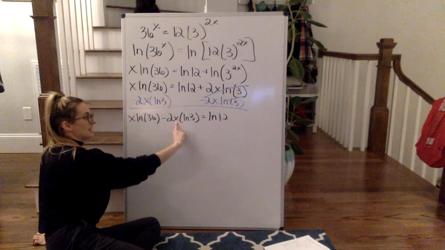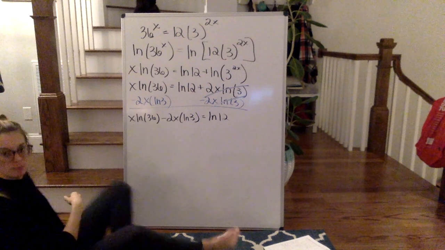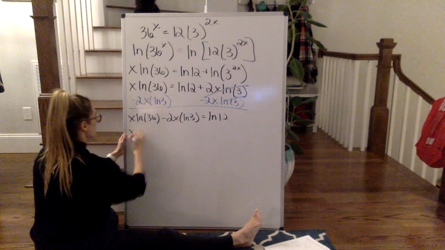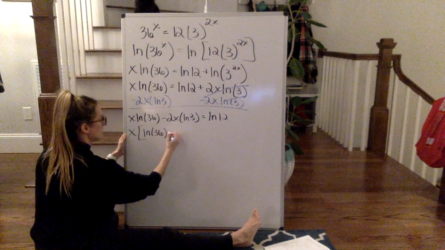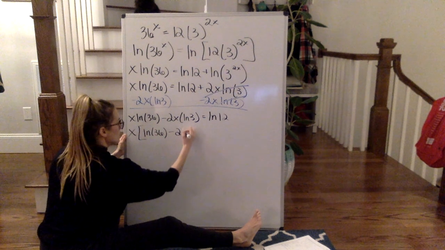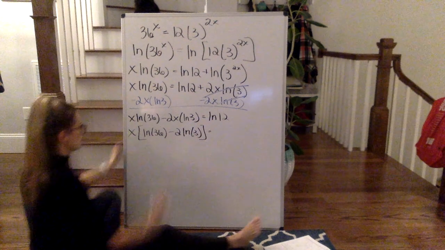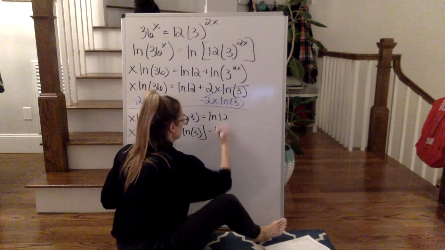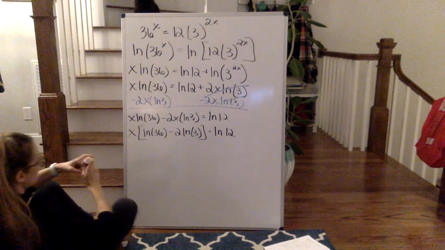Here's another term that has an x in it. I think it would be helpful if we pulled the x out of both terms. So if I take out that x, I'm left with the ln of 36 minus 2 times the ln of 3 equals the ln of 12.